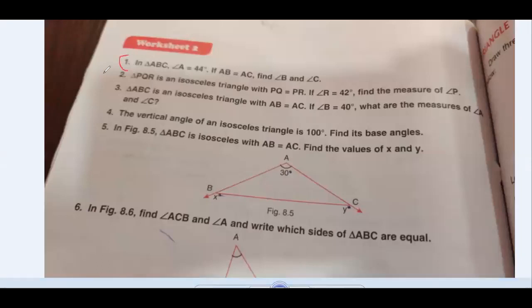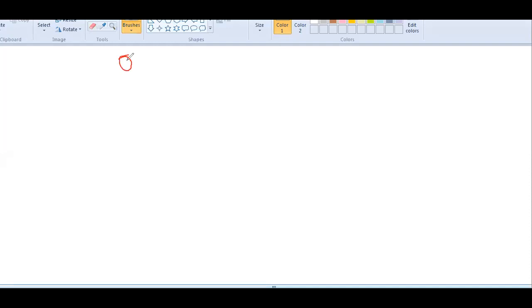Now question number 1. In triangle ABC, angle A is 44 and AB equals AC. Find angle B and C. So we know that the sum of the three angles in a triangle is 180.